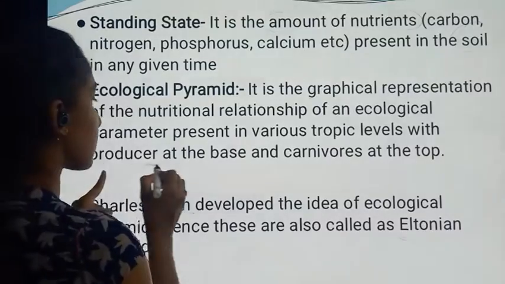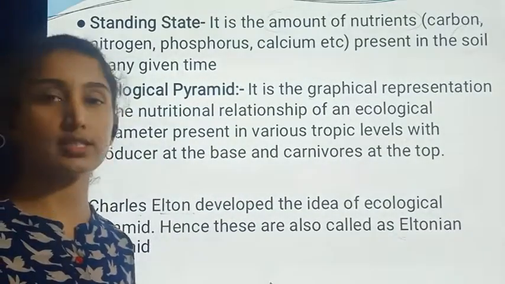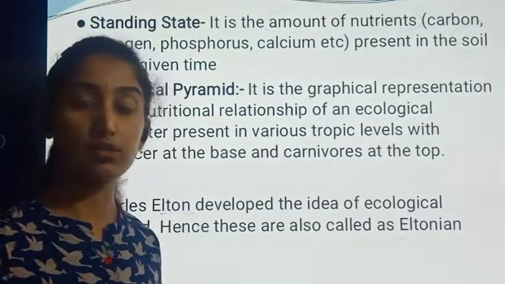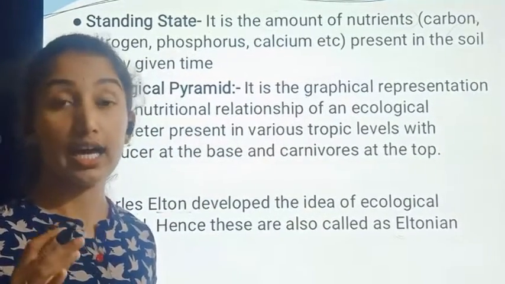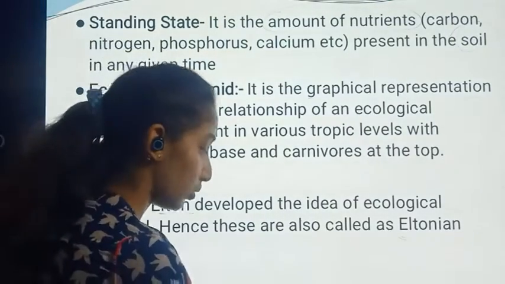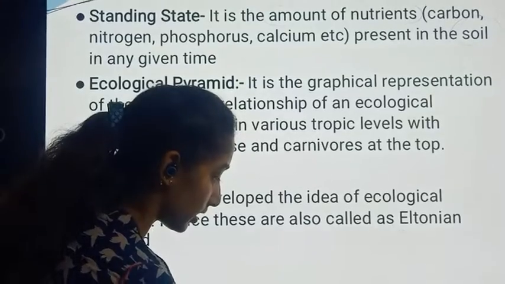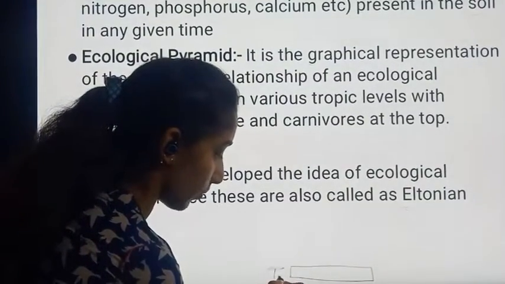The producers are at the base. Why are we keeping the producers at the basic level? Because the producers are present in the larger amount or quantity. We represent the trophic levels as T1.